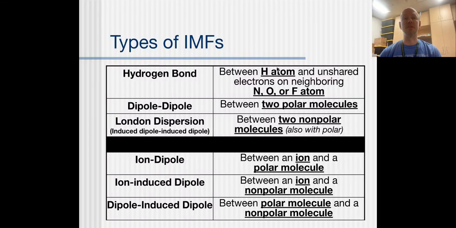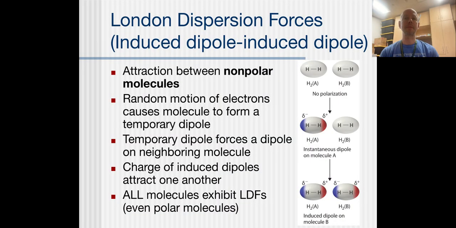And does the molecule include a hydrogen atom which is bonded to a nitrogen, an oxygen, or a fluorine? So we're really looking deeper into a Lewis structure or a picture or a formula that is already done for us.